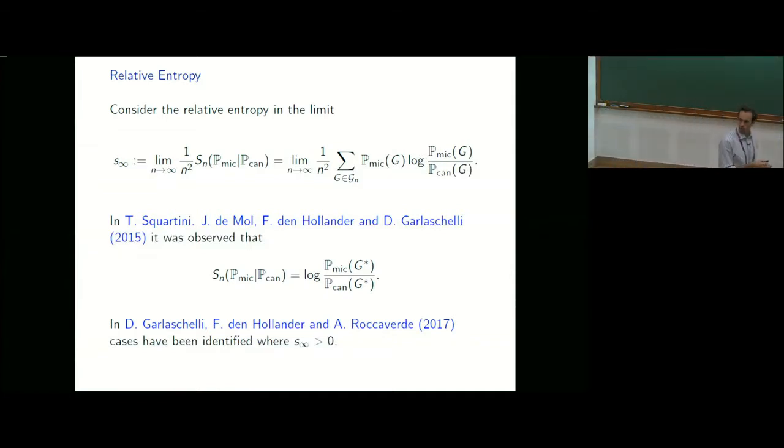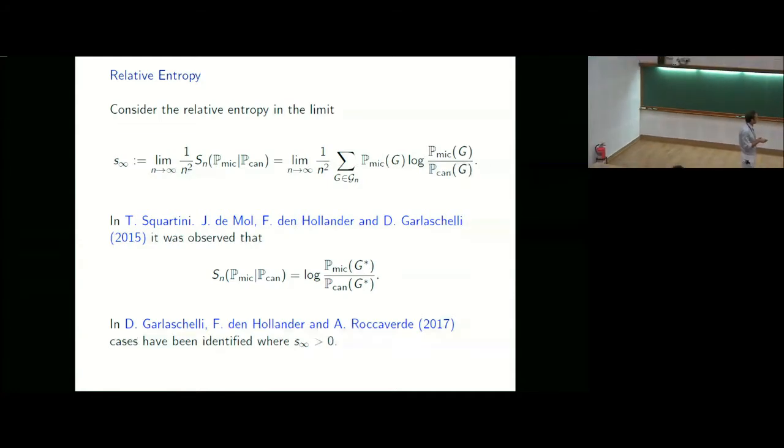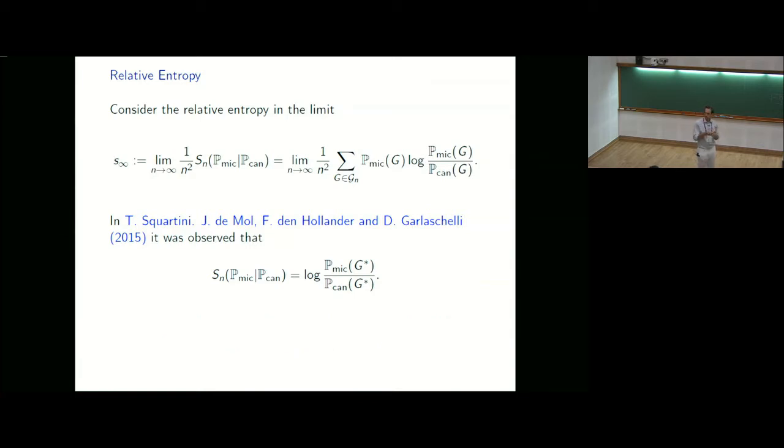No, because the sum actually reduces only to this term, because if you sum over all graphs which satisfy the constraint, then you essentially sum identical terms, because the canonical probability distribution assigns the same probability mass on graphs satisfying the constraint regardless of the structure of the graph.